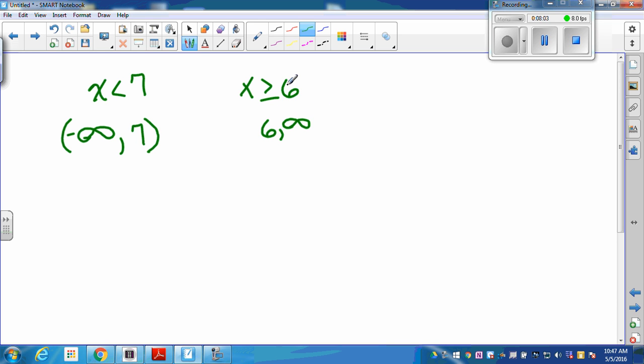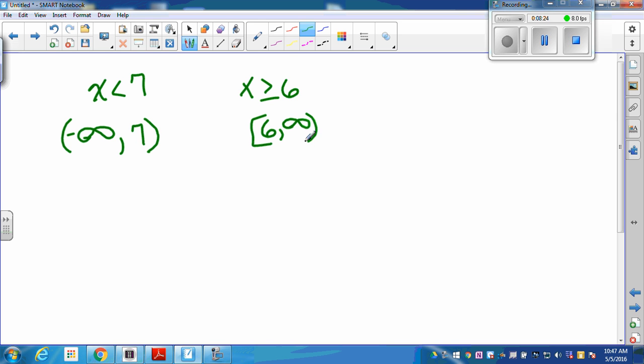Now, since 6 is included in the solution set, I'm going to use a bracket. It's a square bracket. Since I'm using infinity on the other side and I don't know exactly what infinity is, I have to use the rounded parenthesis.